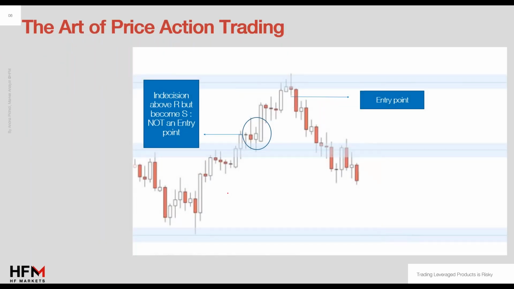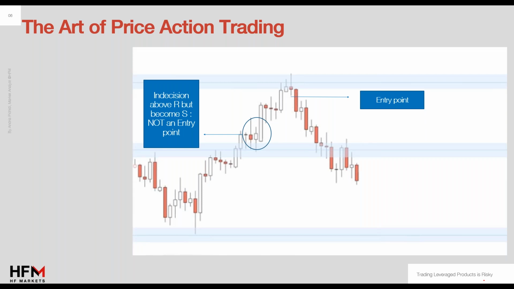So this is the beauty of price action. By spotting support and resistance levels, levels at which the price failed to break, and then by monitoring the body of the candles to identify any indecision, any breakout, or whether the bulls or the bears are in control, you can spot your entry point.